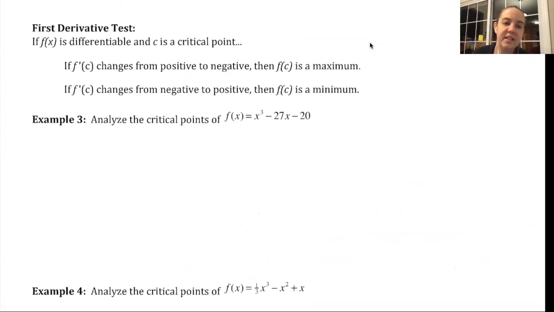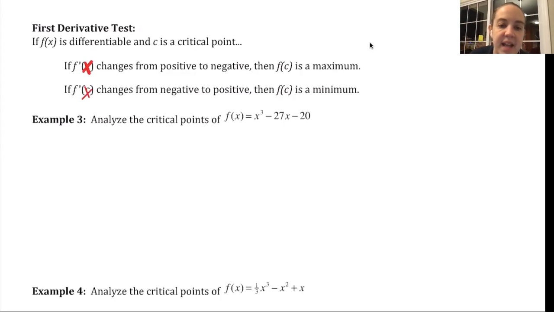If f of x is differentiable and c is a critical point, f prime of c changes from positive to negative, then f of c is a maximum. If f prime of c changes from negative to positive, then f of c is a minimum. And you know what? Instead of c's here, these should probably be x's. F of x, because c is a point and f of x is the curve itself.